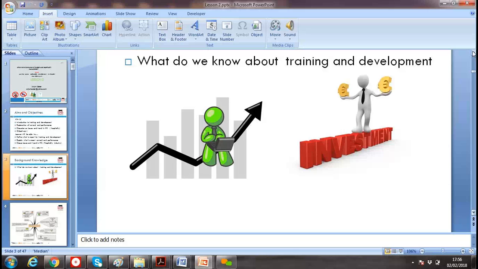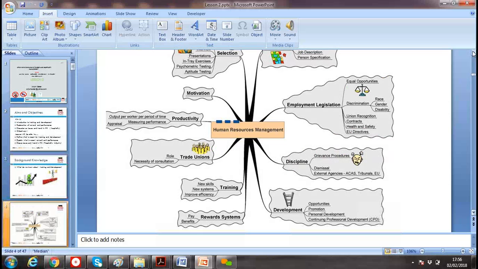Those skills are long term. So with training we are looking at new skills, new systems, improved efficiency. Development opportunities will help to create further opportunity. Promotion could come through development, personal development, CPD, which is quite crucial, continuous professional development.